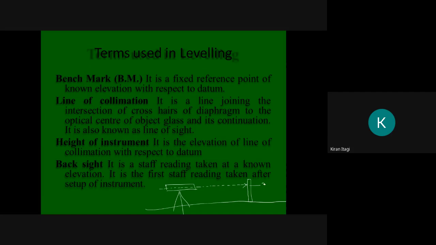It is not actually 3 centimeter, just for your understanding. This is your instrument and this is your scale. So this height, 3 centimeter, is nothing but your height of the instrument.